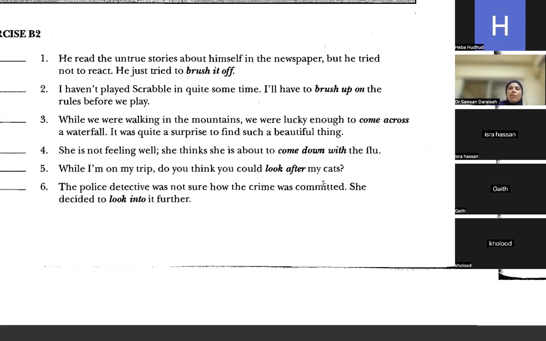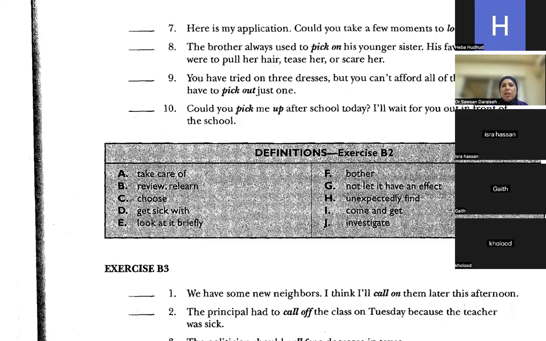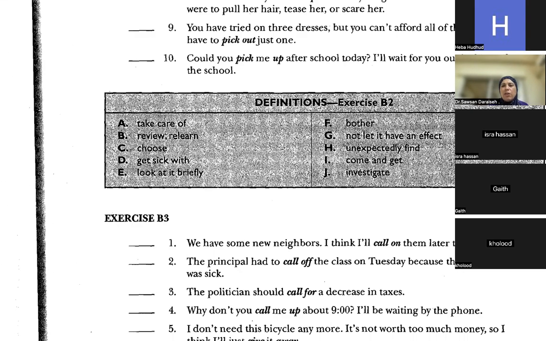Sometimes they don't know, they have guesses, and then here the investigator is a female. See, the police, she's the policewoman, all right, or a police detective. It doesn't show whether she's female or male. This is how we know, through the pronoun, and she decided to look into it further, like to investigate. Looking into something further means to investigate, to go through the details, right? And this means, as your friend said, investigate on a deeper level.